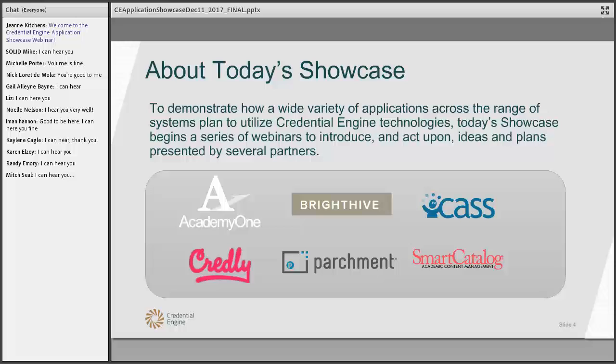For today's showcase, we'll have 6 presentations, and each presentation will cover a slightly different way of using credential and competency information from the Credential Registry. So we'll begin with AcademyOne, followed by Hive, CAS, Eduworks, Credly, Parchment, and SmartCatalog.